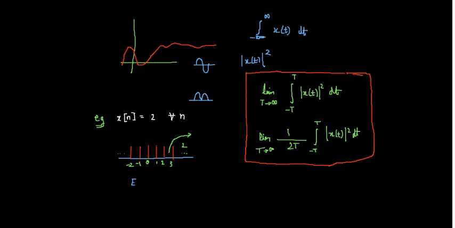E equals to limit n tends to infinity, summation n equals to minus n to n, mod of x of n whole square.